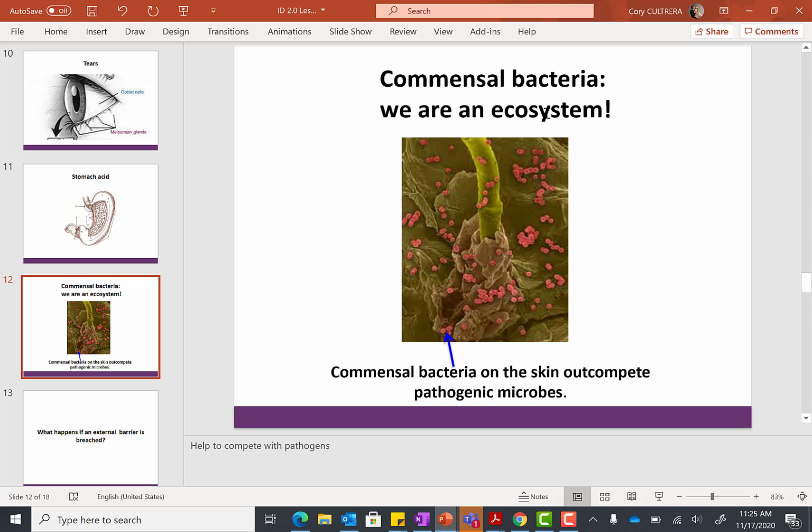They help to compete with other microorganisms that might be trying to get access into our bodies. You find this on our skin and in our guts, and it has a really important function in helping us break down food further, but also in helping keep our internal intestines safe.